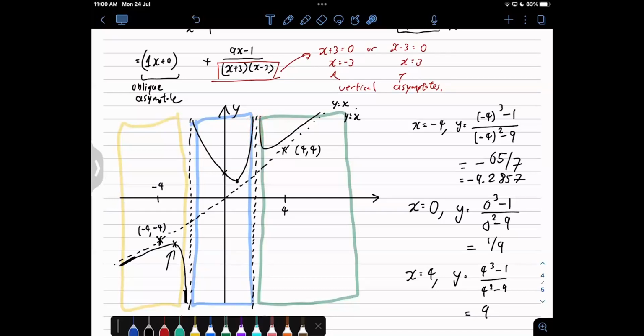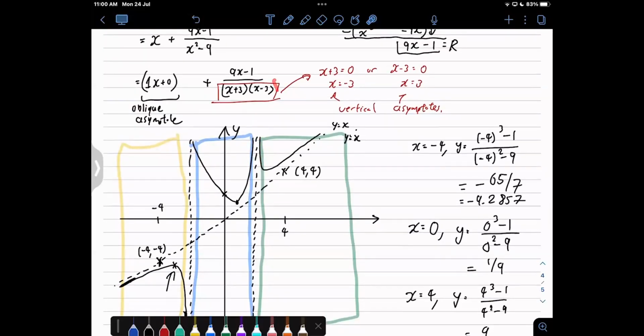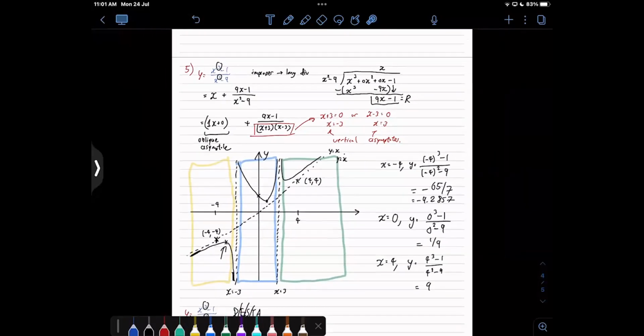This is power 1, I have an odd power. I should be going in different directions when x equals 3, the asymptote. Did I calculate wrongly? No, never calculate wrongly.